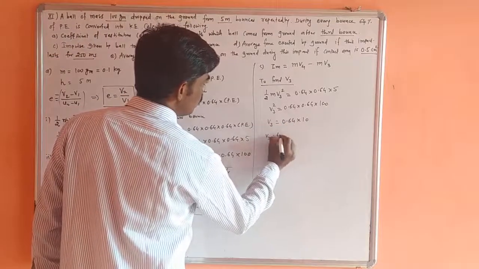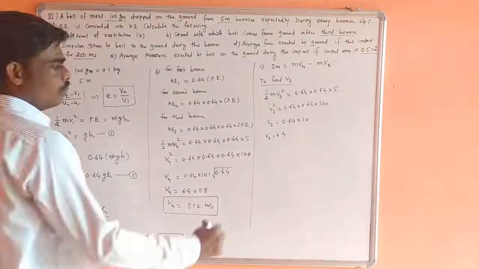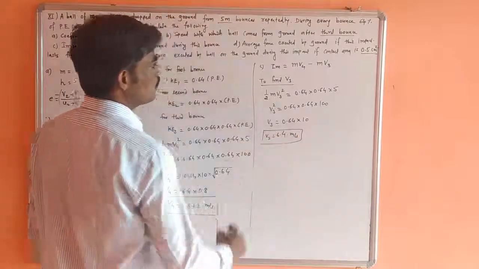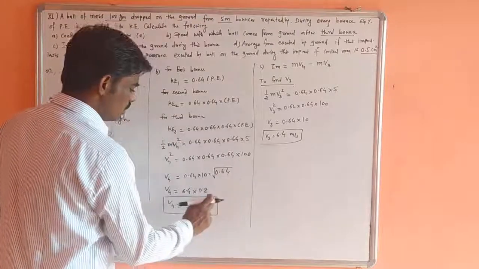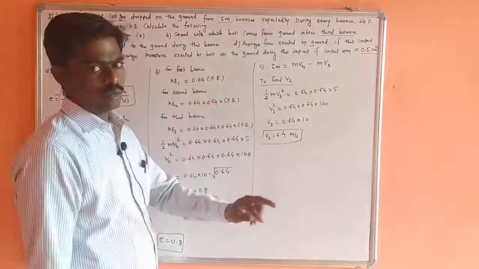So v3 is equal to 6.4 meter per second. So we get these two velocities. This is the velocity after the third bounce and this is the velocity after the second bounce.